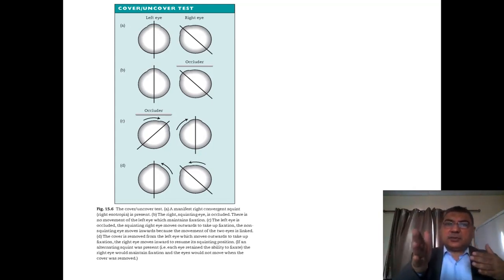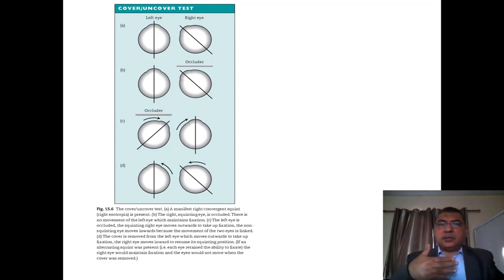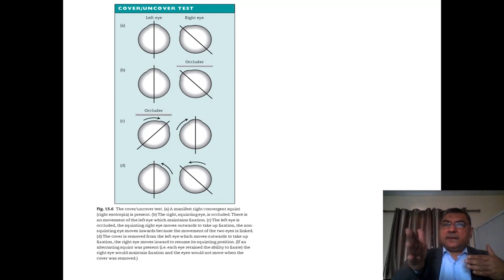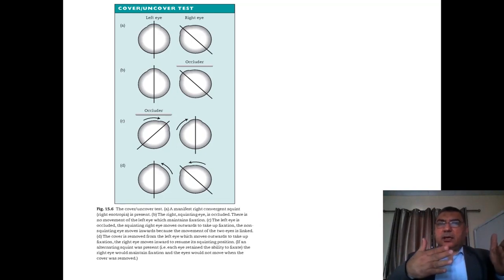The child sometimes fixes with the right eye and sometimes fixes with the left eye. There is alternation. During the fixation of the right eye, the left eye is suppressed temporarily, and during fixation of the left eye, the right eye is suppressed temporarily. So we have fixed right esotropia, and we have alternating esotropia.